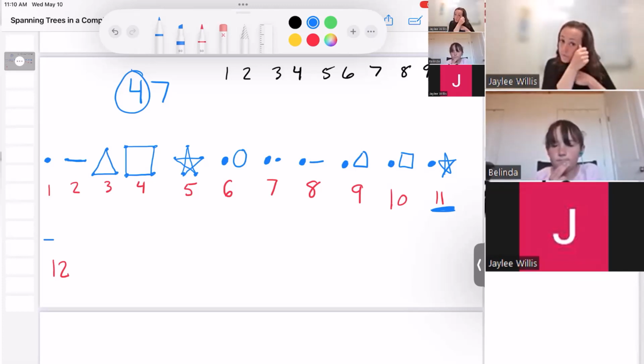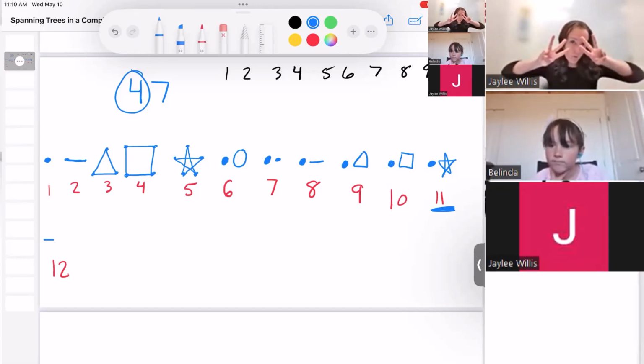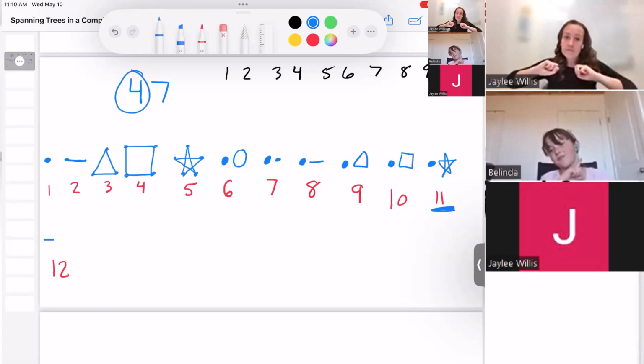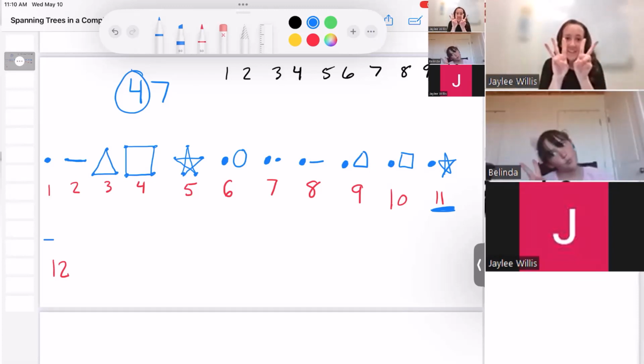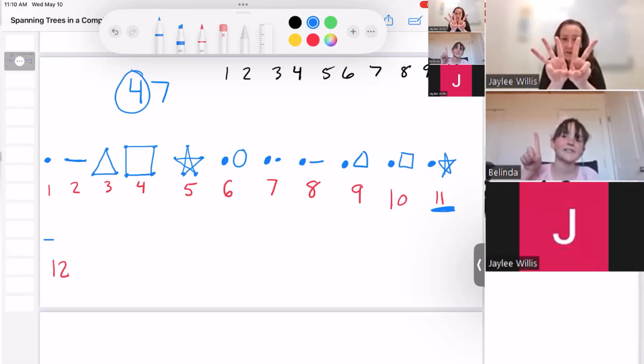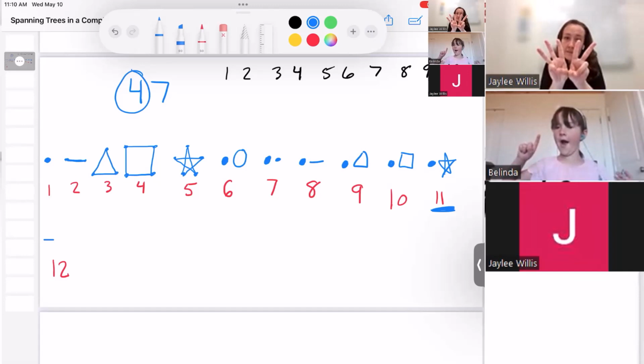Are you sure? Because if you had 2 fingers up, remember each of your fingers represents my fingers being full. So if my fingers were full 2 times, would that be 11? Oh, I would only be one away from being two. Yep, because at 11, I would have star fingers up and you would have dot fingers up, right?